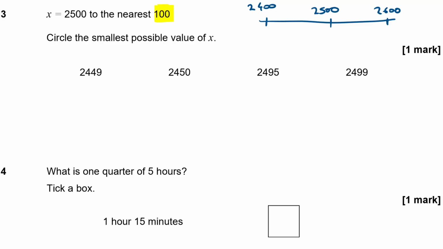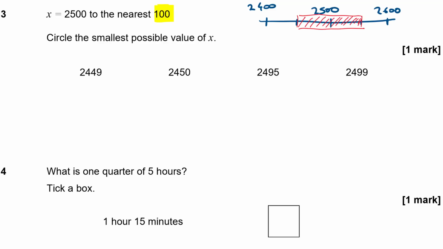Now our number rounds to 2,500 to the nearest 100, which means all the numbers that are going to be closer to 2,500 are going to round to 2,500. So if you look at the mark halfway between these, then all the numbers between that halfway mark and that halfway mark are going to round off to 2,500. So anything in there.